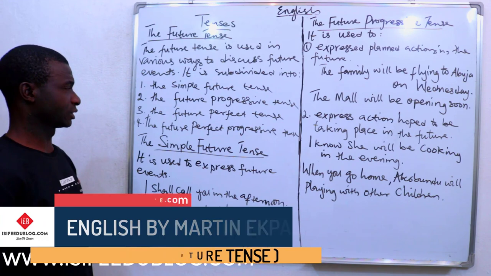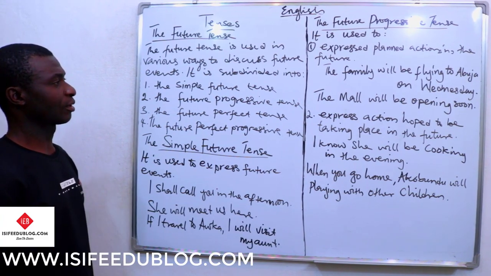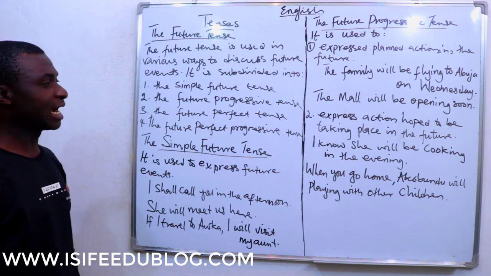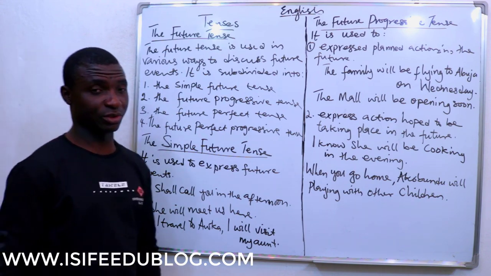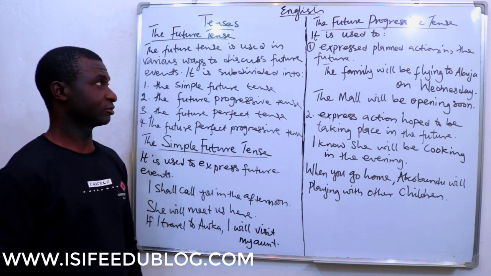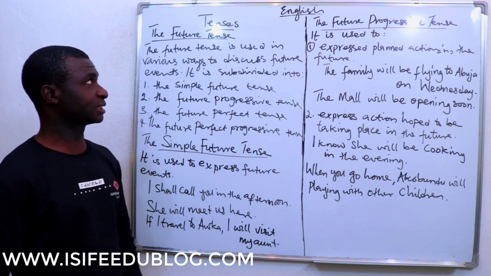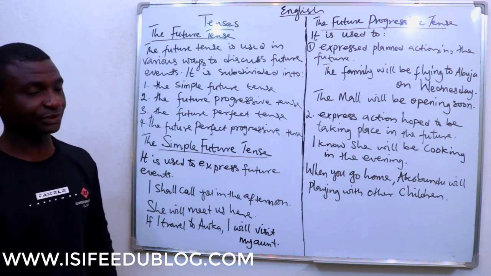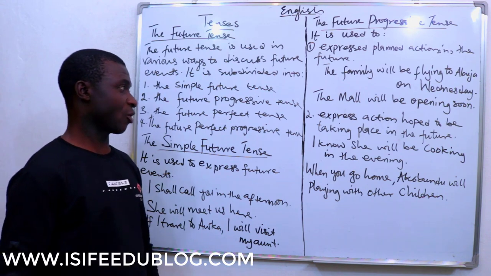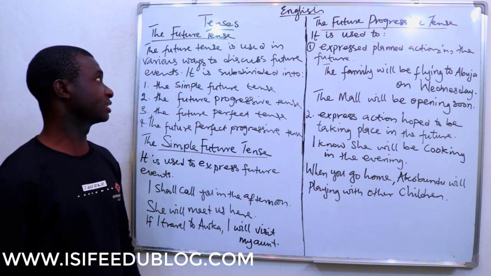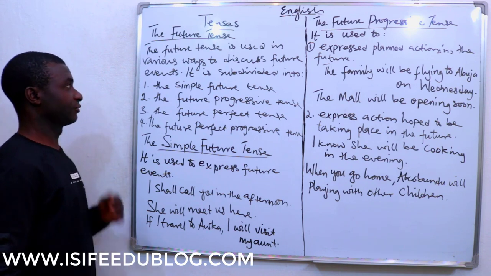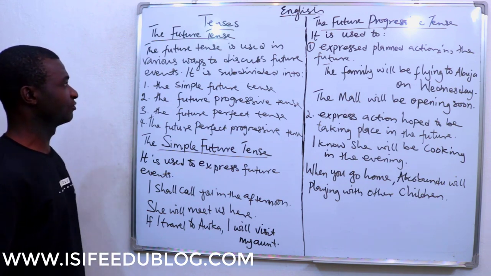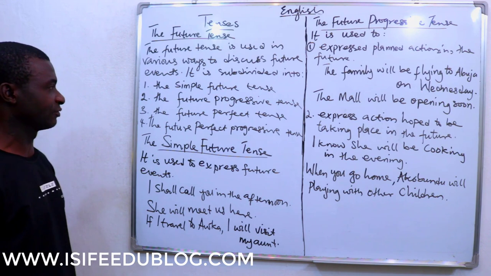The future tense. Now, we've had 2 lessons on tenses. We've had a lesson on the present tense, a lesson on the past tense, and now we'll be rounding off our lesson on tenses with the future tense. The future tense is used in various ways to discuss future events.